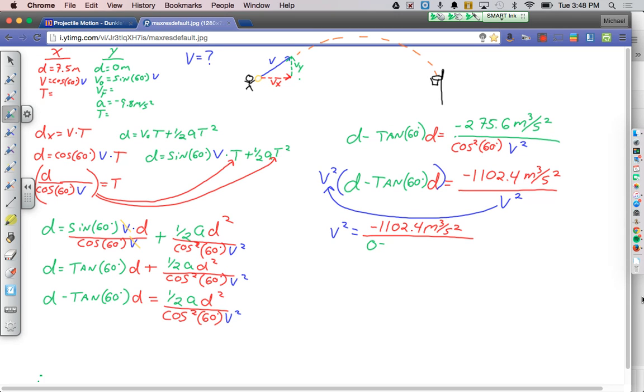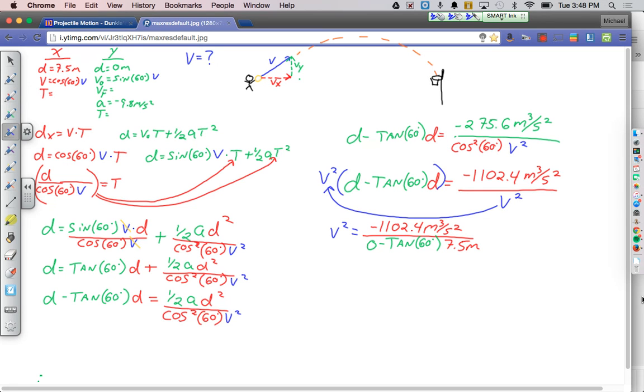Probably could have gotten rid of that a while ago, but we didn't. Times the tangent of 60 degrees multiplied by the d in the x direction, which is 7.5 meters.